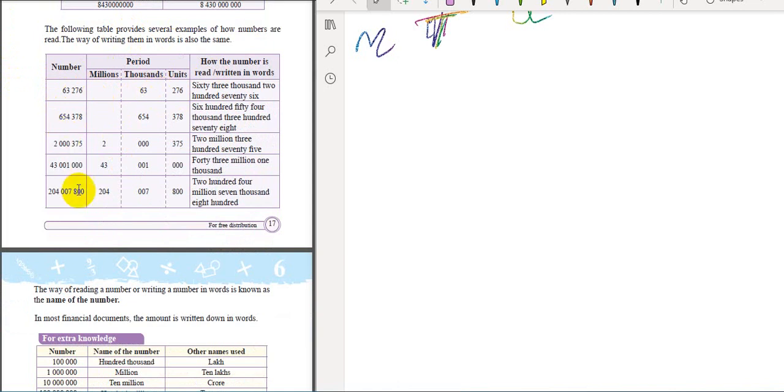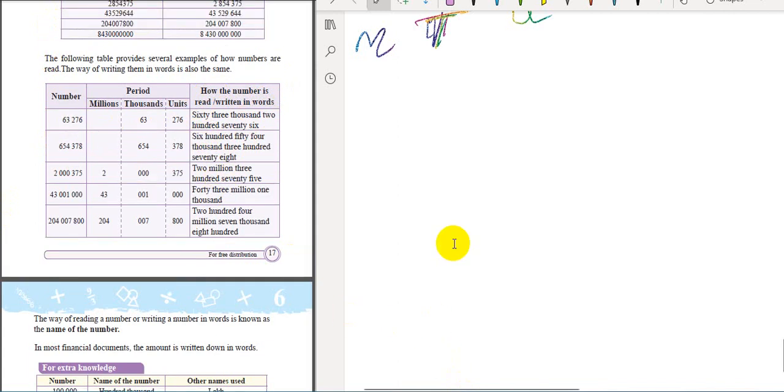63,000. Can you see they are dividing, separating the numbers three by three? Okay, how is the number read or written in words? 63,276.